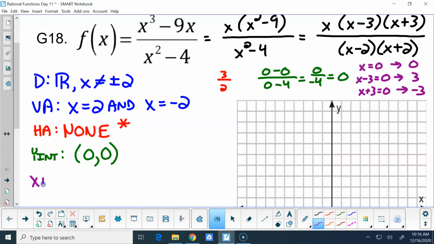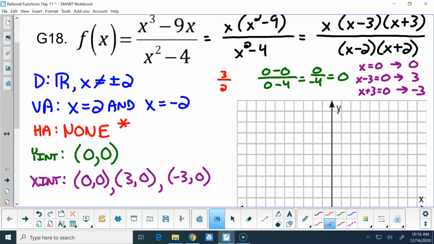I get an x-intercept at 0, 0, 3, 0, and negative 3, 0. Do we have a hole? Anything factor out back at step 0? Nope, so we don't have a hole.